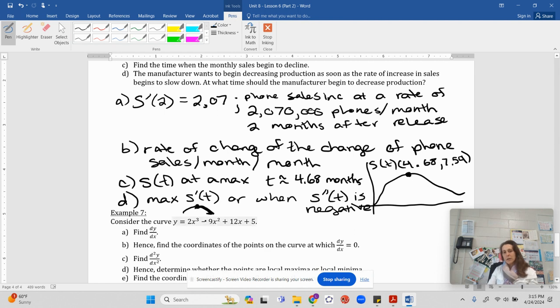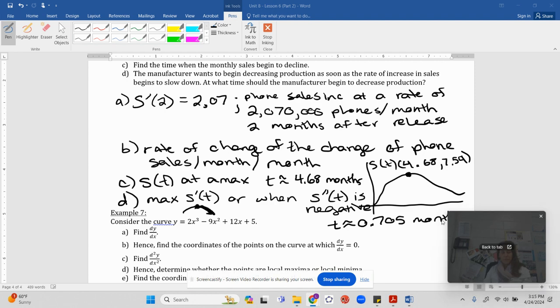And that means when S prime starts to decrease, S double prime is negative. And you can find that that happens when t is 0.705 months. All right. Try the last one on your own. Good luck.